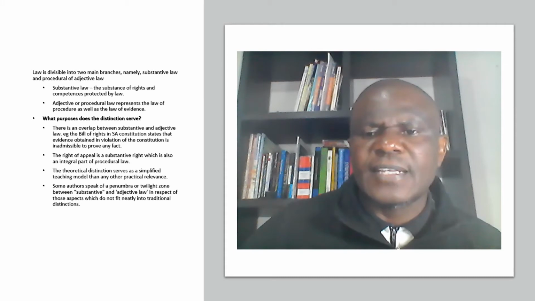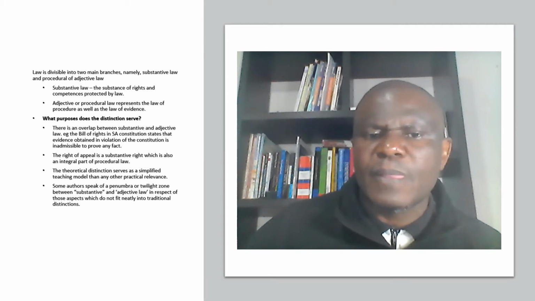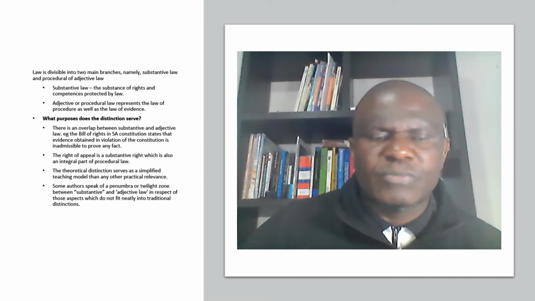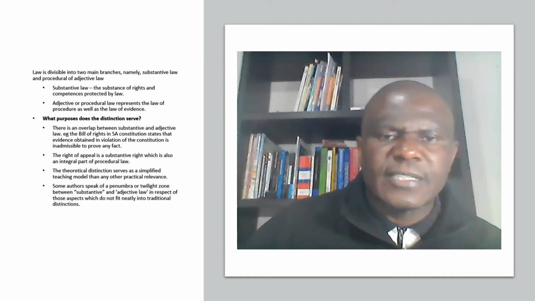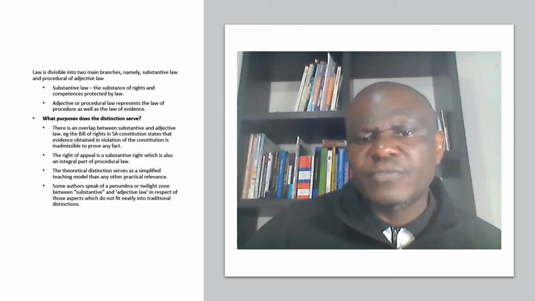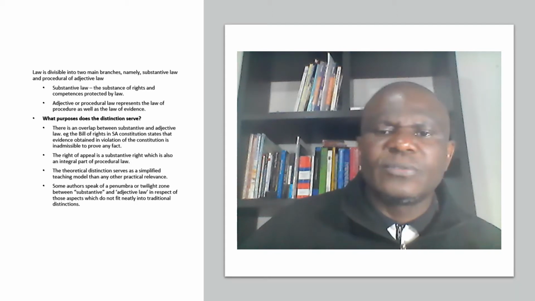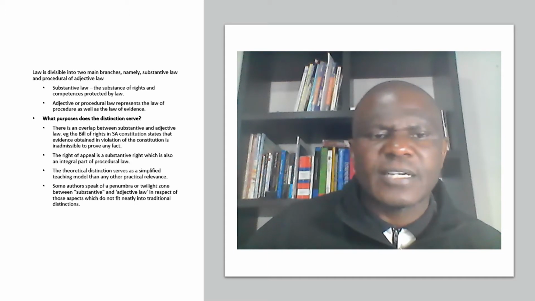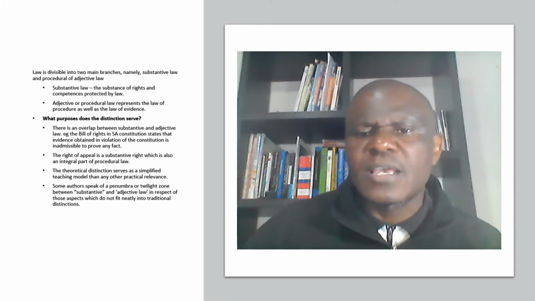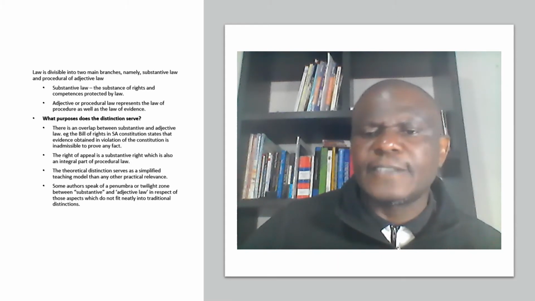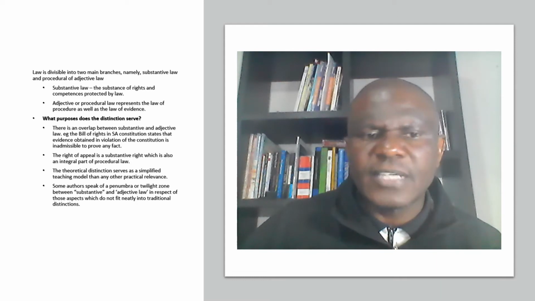So you find that sometimes this distinction between procedural law and substantive law is not really of any practical relevance. So we are saying the theoretical distinction serves as a simplified teaching model rather than serving any other practical relevance. Of course, we have some authors who are now speaking of a penumbra or twilight zone between substantive law and adjectival law.